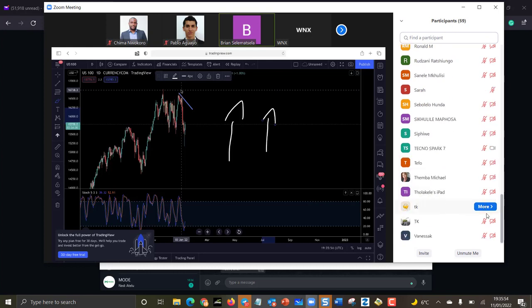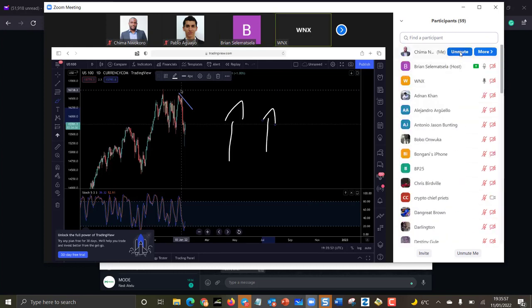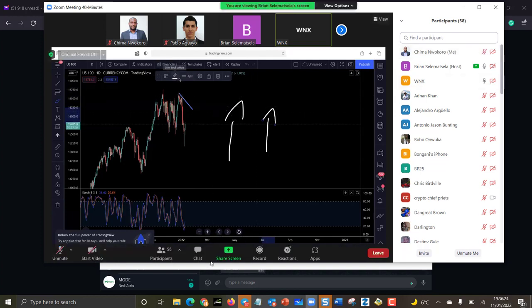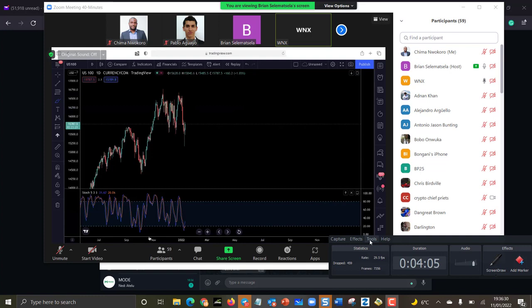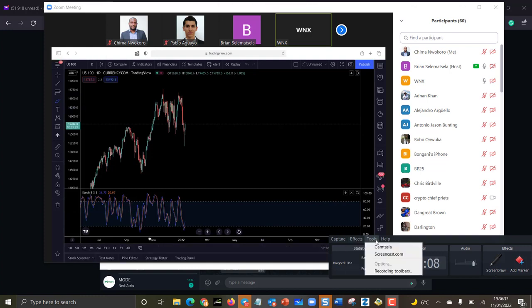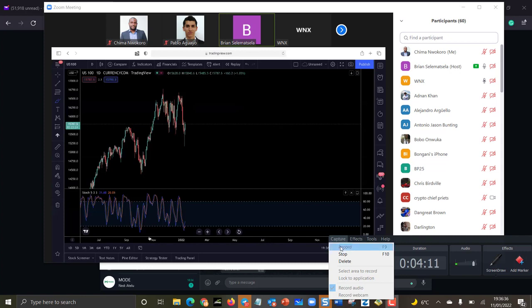If you look at the price itself, it's broken your first layer. But the stock is sitting between 20 and 80, so it's not necessarily in the oversold or overbought, and the lines haven't crossed. Because I remember in our one-on-one, you said the focus should be when the stock is in the oversold or in the overbought. But what happens when the first layer is broken, but the stock is sitting in the middle between 20 and 80? I see. The stock lines haven't crossed.